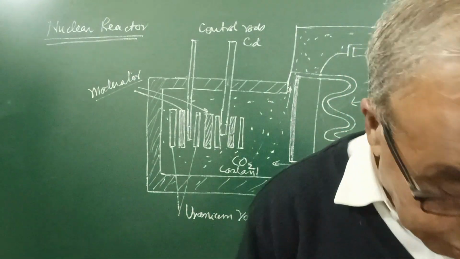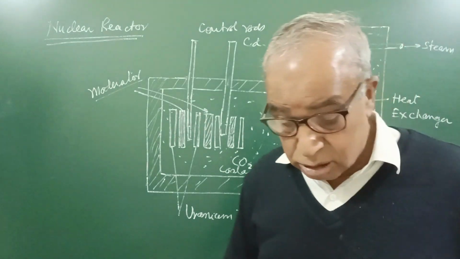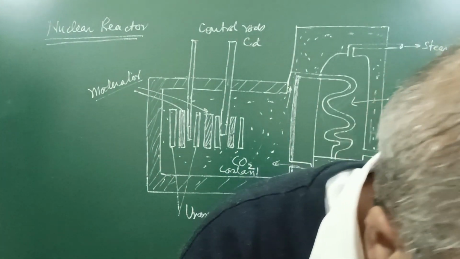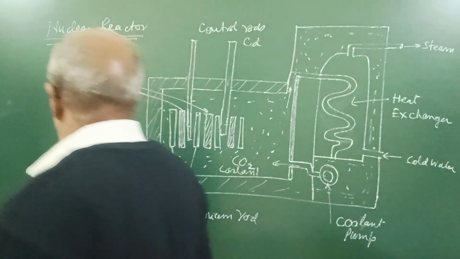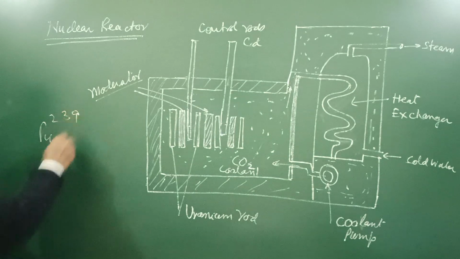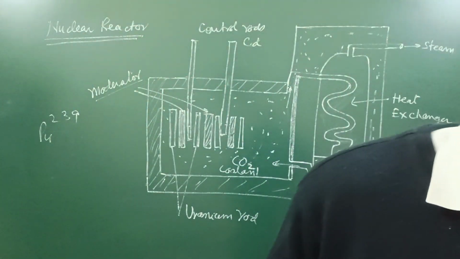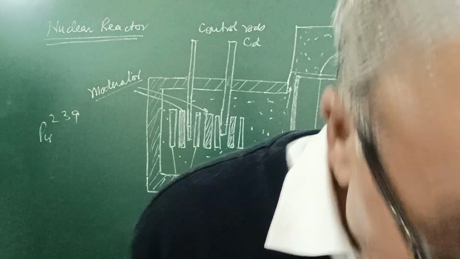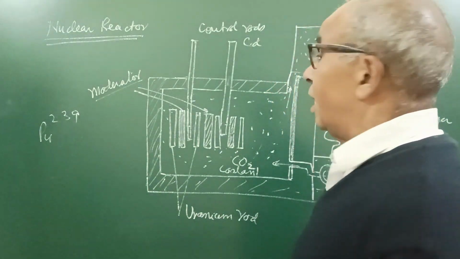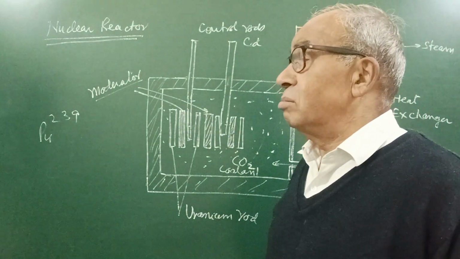Now applications of reactors. Number 1, production of plutonium-239. I told you naturally occurring uranium has a large mass of uranium-238, which is not fissionable material.